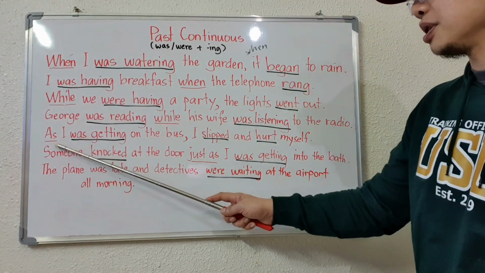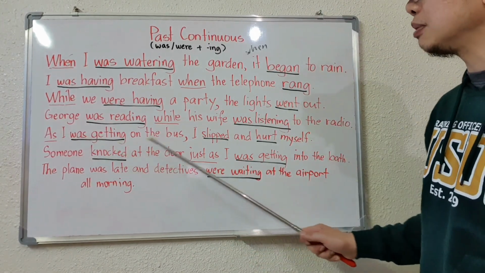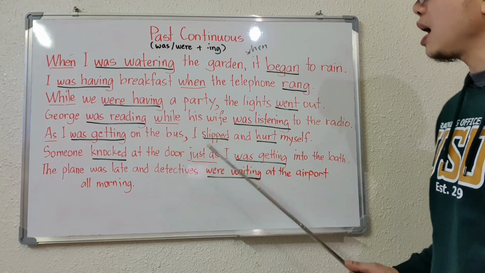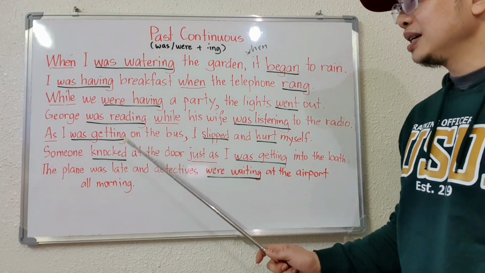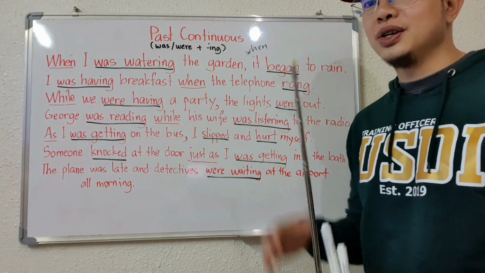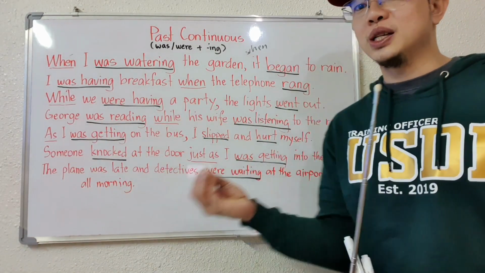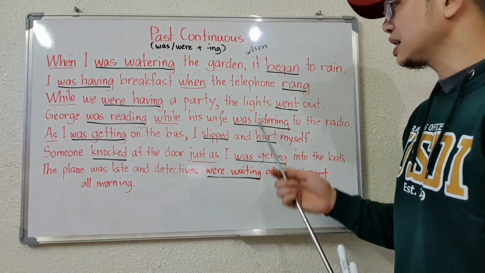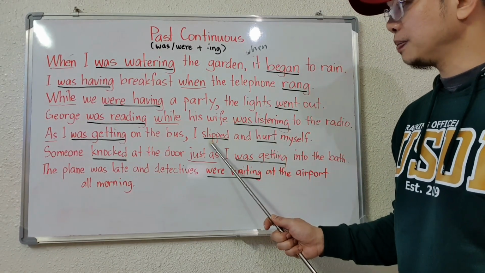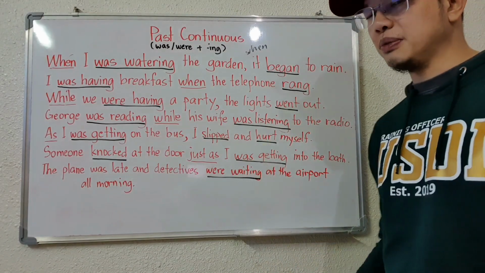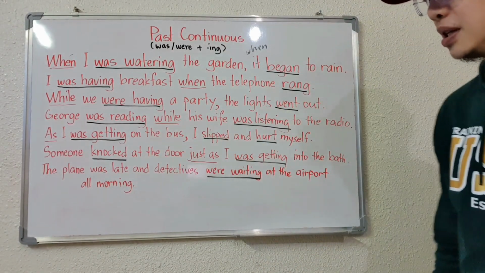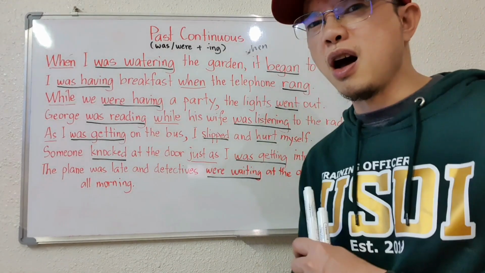For example, this one: as I was getting on the bus, I slipped and hurt myself. So the action of getting on the bus was interrupted with this sudden or completed action: slipped and hurt myself.